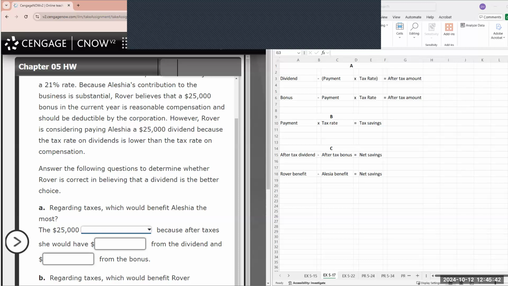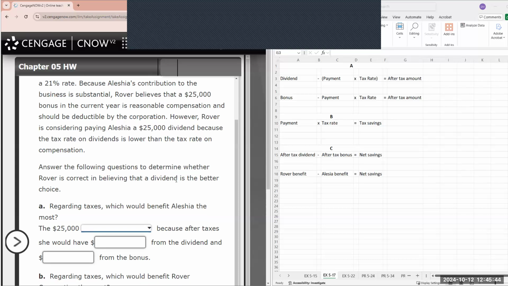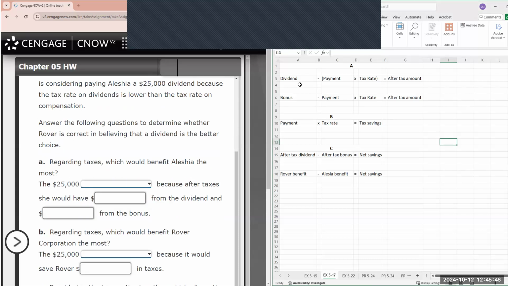So we look in this situation, scenario A, which would benefit Alicia the most? So if it were a dividend payment, we would factor it in as such. So the dividend payment will be $25,000. And then from there, we factor in the payment, multiply by the tax rate, the dividend rate, which is 15%.